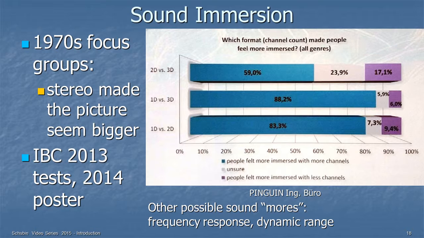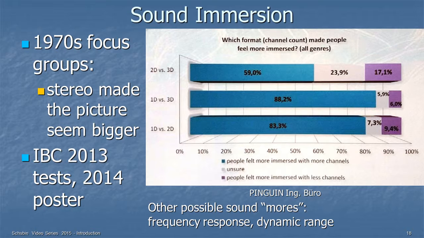And you can see that a tremendous majority picked the three-dimensional sound as being more immersive, and only a little tiny minority, that's the little purplish area over at the right, thought that it was the other way around, that the one-dimensional was more immersive than the three-dimensional.